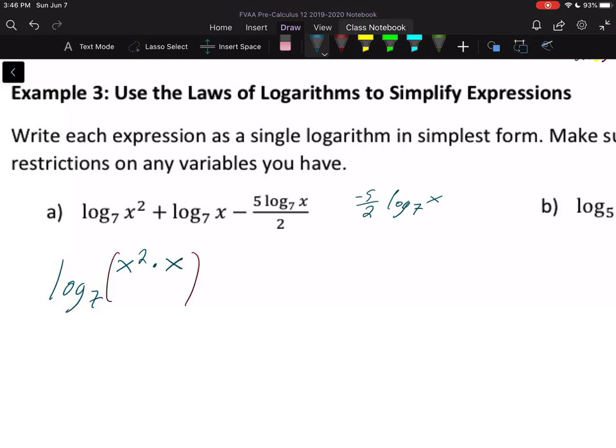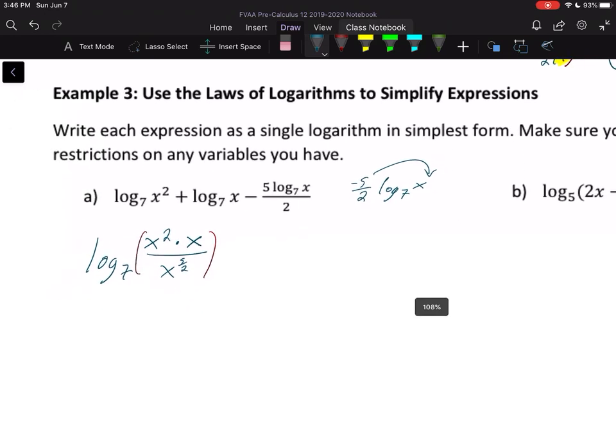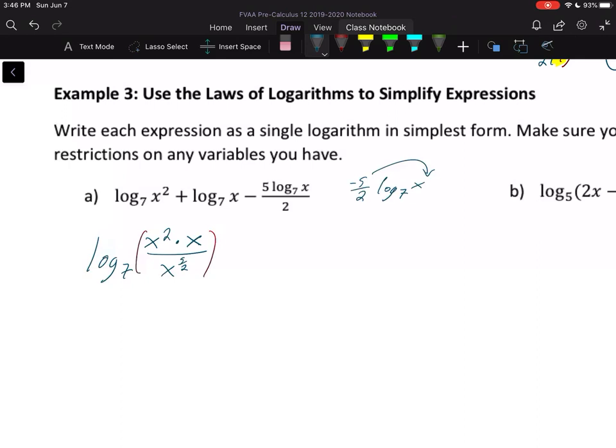Okay, so that becomes a root or an exponent on that x. So divided by x to the 5 over 2. Now here, those restrictions that they're talking about, because we have a fraction with a variable in the denominator, we have a restriction that x must be greater than 0, right?